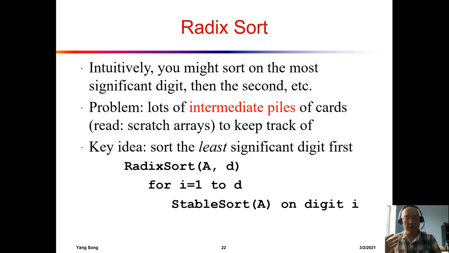For radix sort, we are sorting numbers. But instead of sorting the values as a whole number, for example 124, we are sorting three digits. We are sorting 1, and then 2, and then 4.